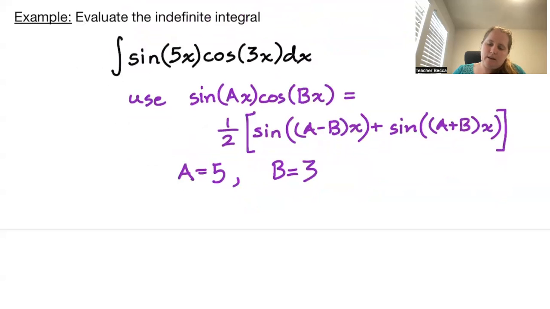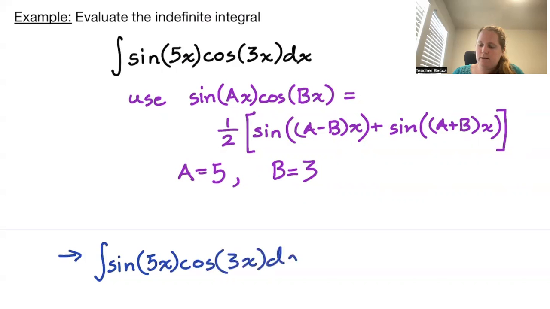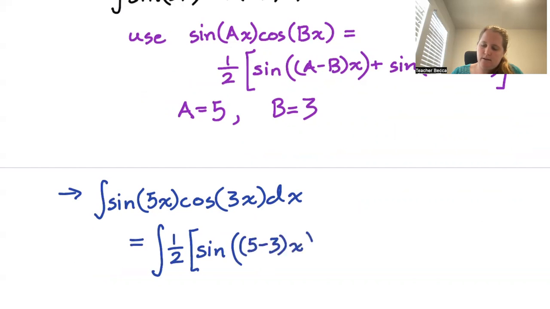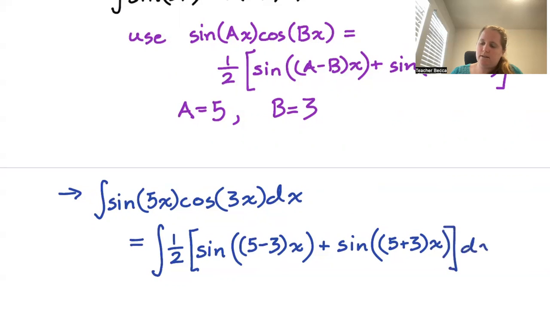So the integral of sine of 5x cosine of 3x dx is equal to the integral of 1/2, then brackets, sine of (5 minus 3)x plus sine of (5 plus 3)x, and then dx.